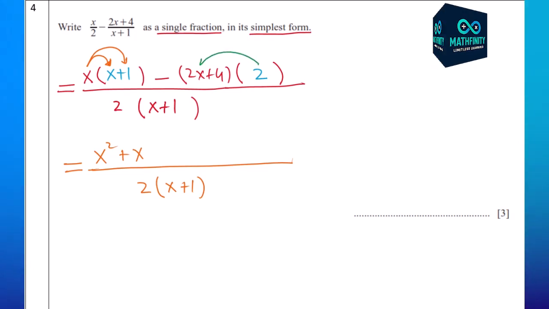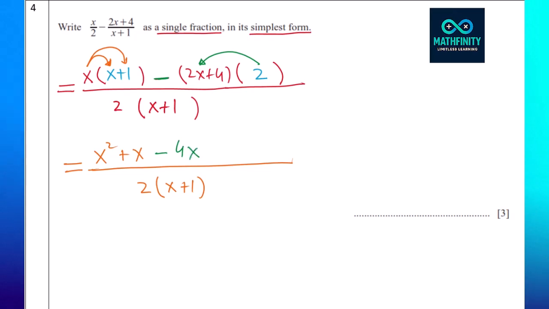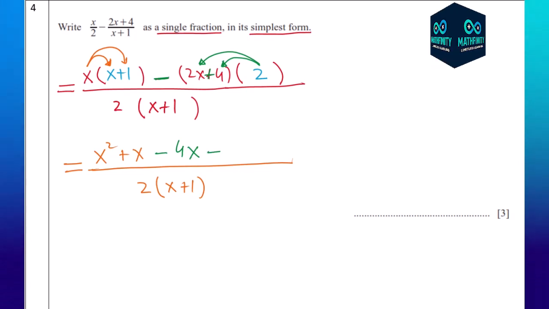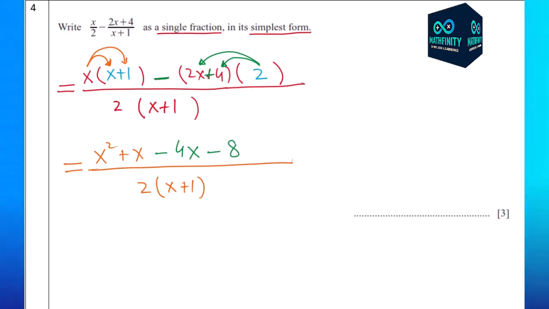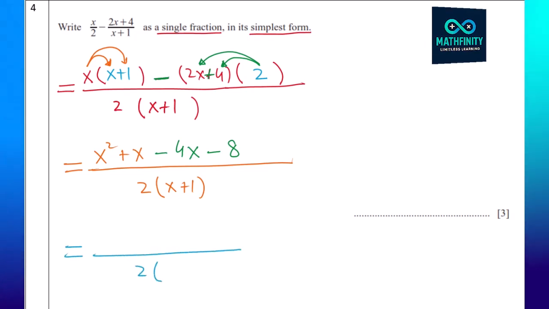Multiply this with this, so it will be negative, because outside is negative, negative 4x. And when you multiply this with this, positive and negative, it will become negative 4 times 2, 8. After this you have to add or subtract the like terms, but only in the numerator.